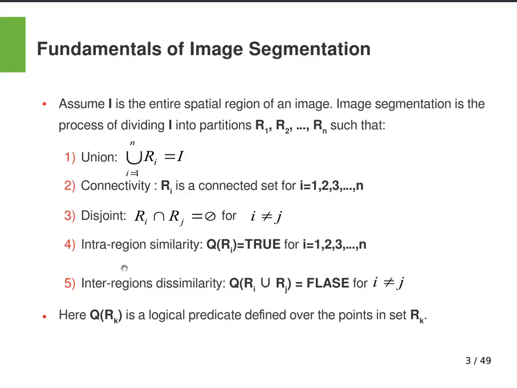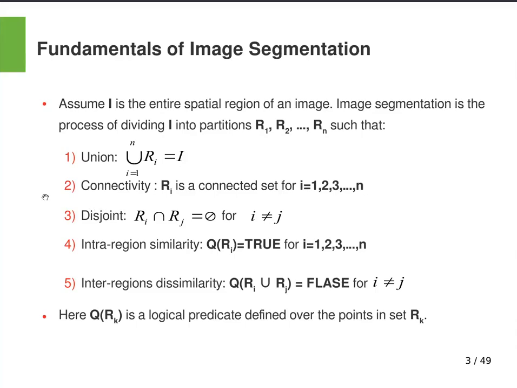The first property is in terms of their union. The union of all these regions or partitions, Ri, for i changing from 1 to n, equals the entire image. The next property is with respect to connectivity.